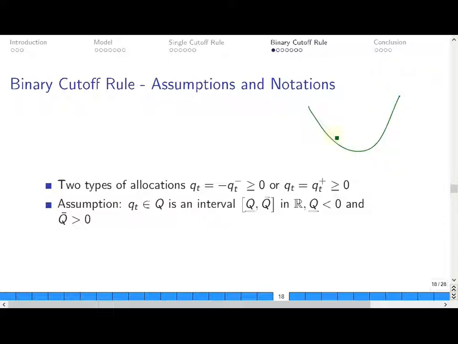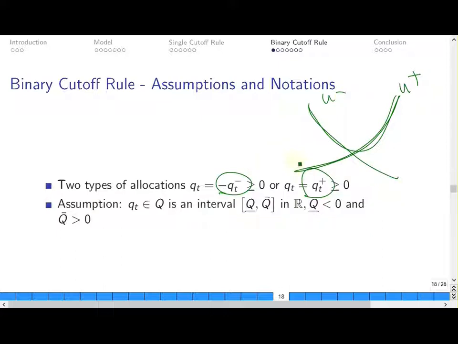What I did is I assumed that this kind of shape comes from two utility functions. One is the utility function from one type of allocation. I could call it the plus type, so it's increasing. And the other one comes from the other type of allocation, so it's U minus here.